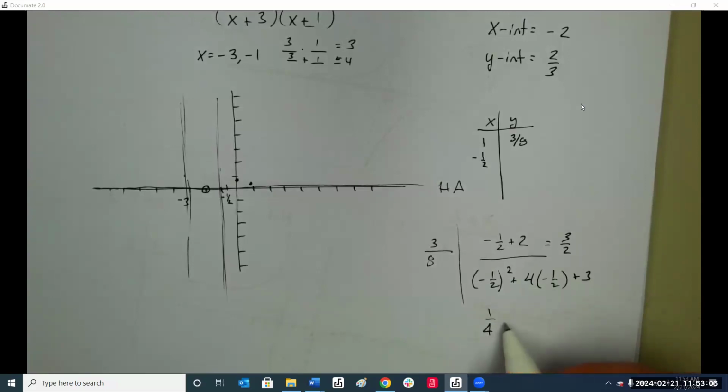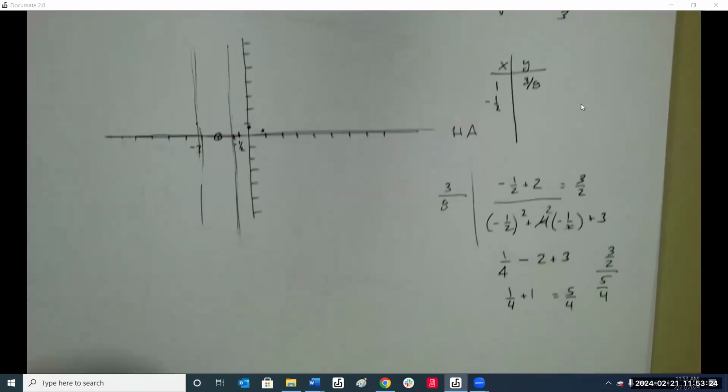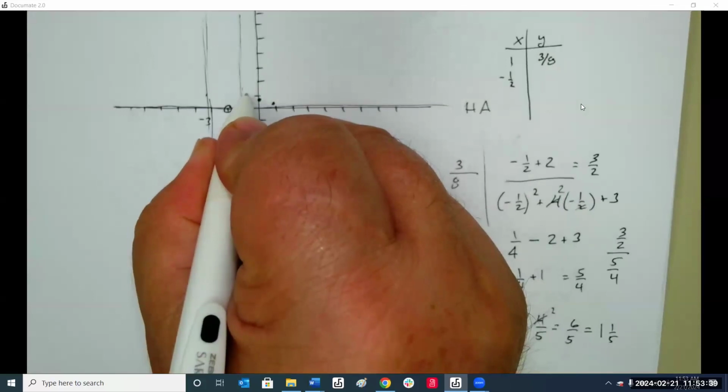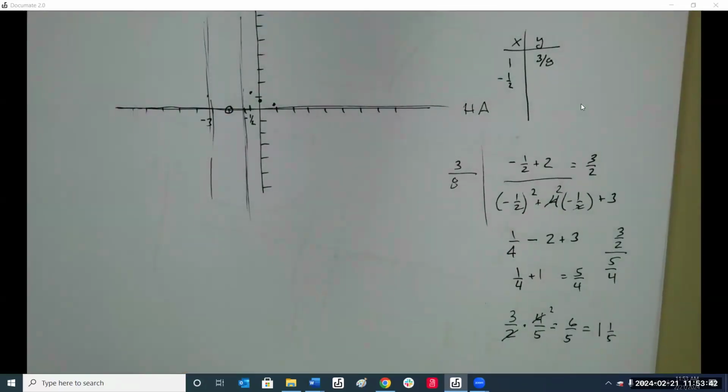Then 1/4 minus 2 plus 3. 1/4 plus 1 makes it 5/4. So we have 3/2 divided by 5/4. What does that become? Take the top, flip the bottom. 6/5, which is 1 1/5. So we see a pattern.